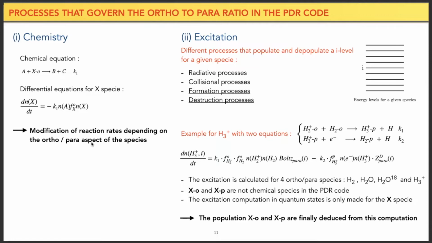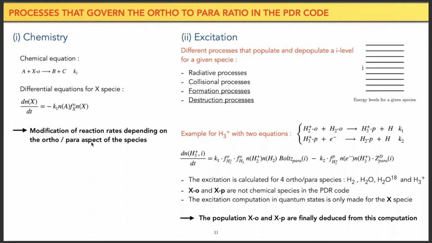We weight the formation of H3+ with a Boltzmann distribution only on the para state. And for the destruction, we modify the reaction rate with the H3+ para, and we have a function Z destruction that destroys H3+ only on the para state.